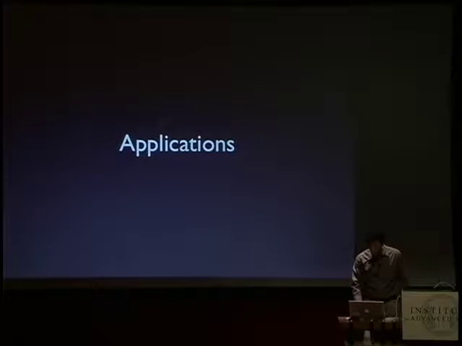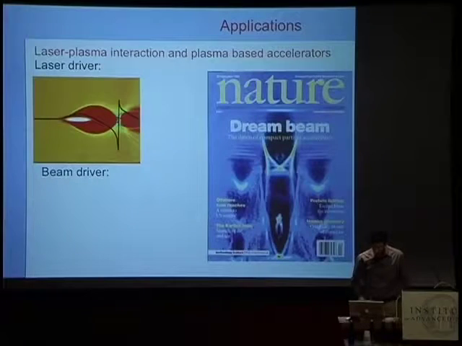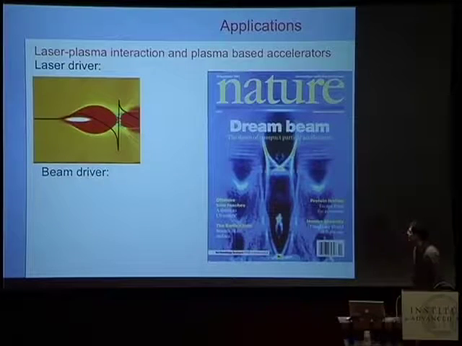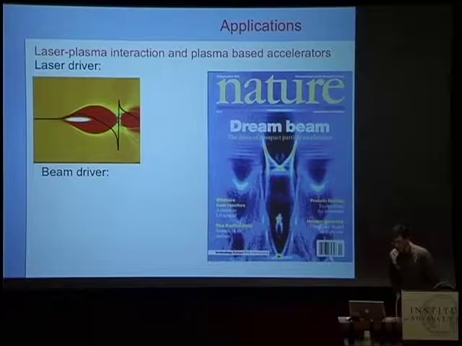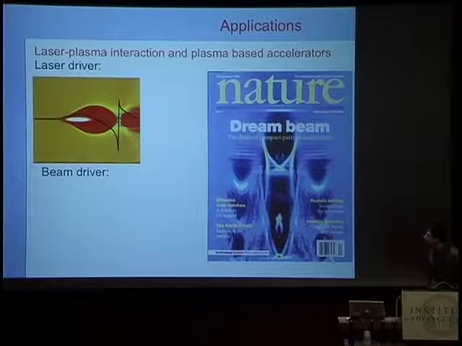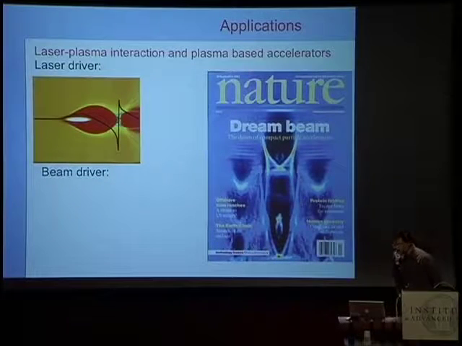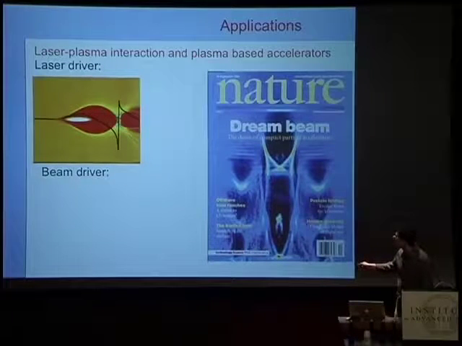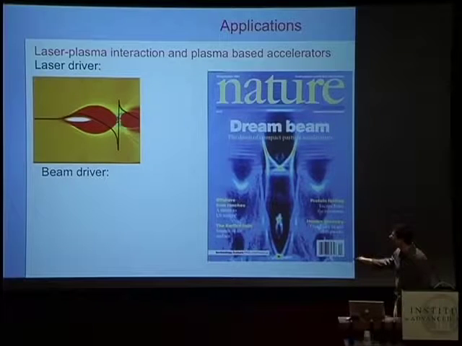So last time, I showed you the simulation of the laser-plasma interaction. This is not an astrophysical application, but this is what these PIC codes are used for in the laboratory. We have here an electron beam propagating through plasma, exciting an electrostatic field behind it. This is the shape of the electrostatic field.